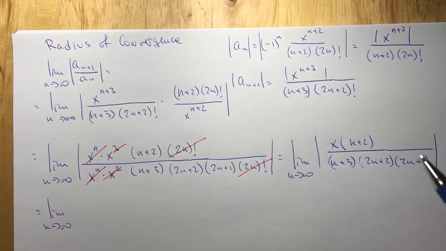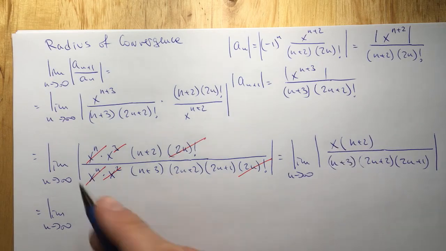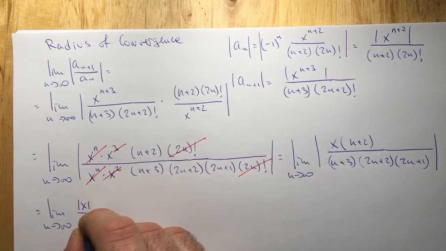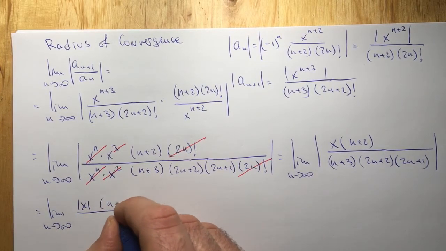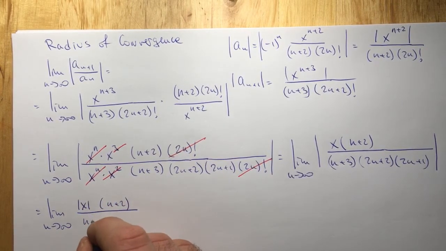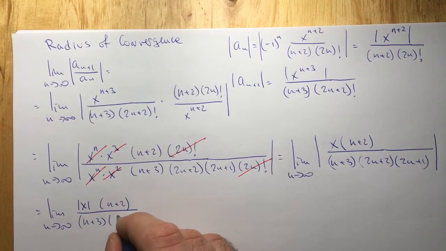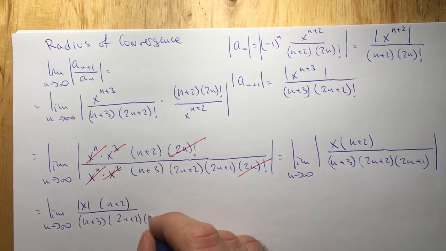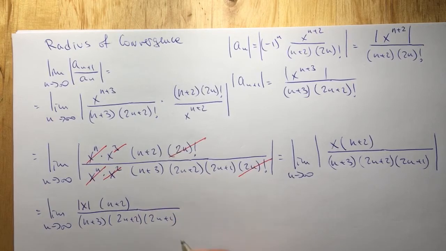Now, the positive factors here are the factors involving n, so only x will stay in absolute value. And then I have (n+2) divided by (n+3)(2n+2)(2n+1).